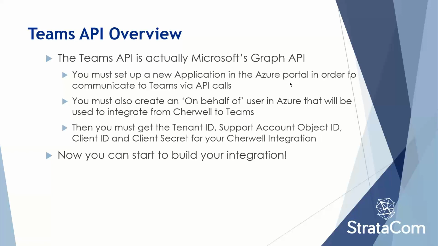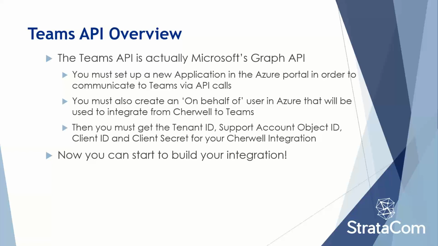And this works for on-prem and hosted, right? Yeah, so actually the Cherwell instance I have is on-prem, and of course our Office 365 is hosted. So like I said earlier, if you can get a route from your Cherwell system out to Office 365 and back, then you can do this.